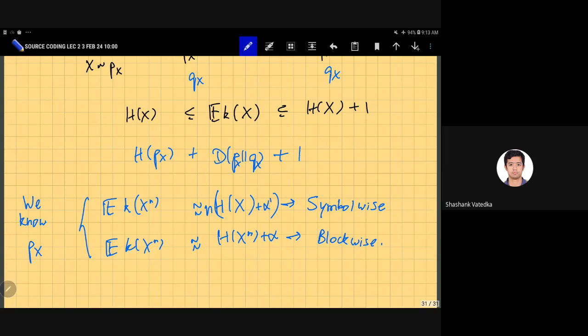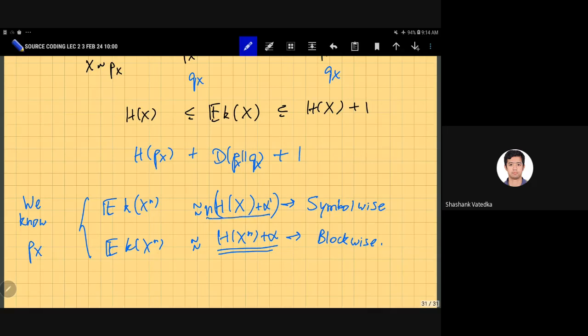Right? But on the other hand, blockwise encoding is not always good, and even if we do estimate the empirical frequencies correctly, we can still only get to n times H(X) plus alpha bits.